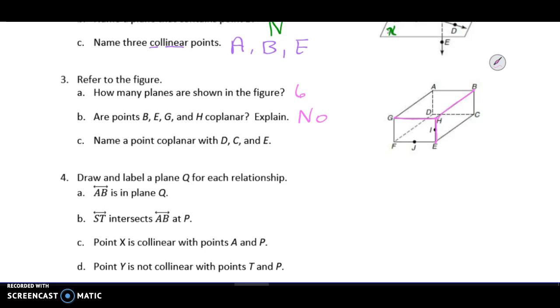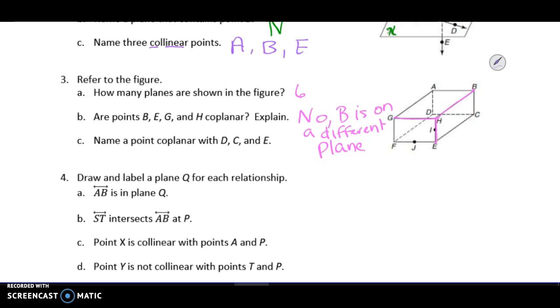So no. Kind of taking your pick. Maybe you say B is on a different plane. That's how I saw it just now. You also could have said that E was on a different plane or something else. If you have a different idea, just ask and I'll let you know if it would be acceptable.